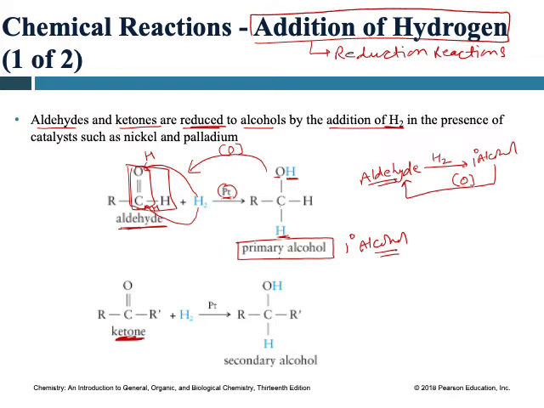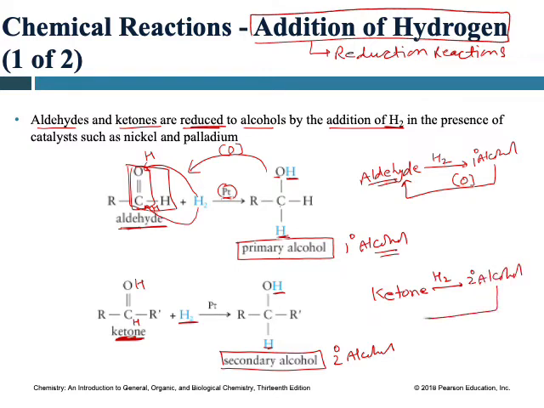That means when you reduce the ketone, you're gonna get secondary alcohol. So again H2, put one hydrogen over here, one hydrogen over here, then you're gonna get secondary alcohol. If you oxidize secondary alcohol, then you're gonna get ketone. So this is the back and forth reaction again.